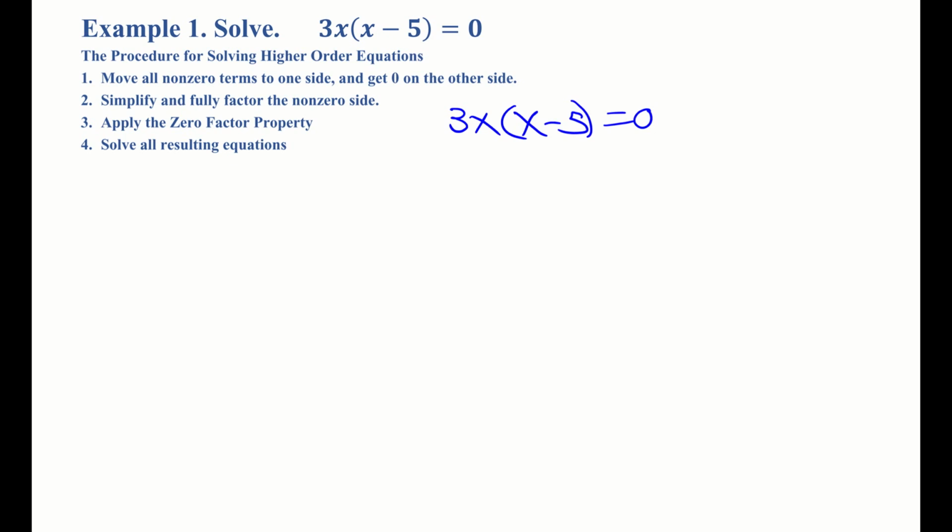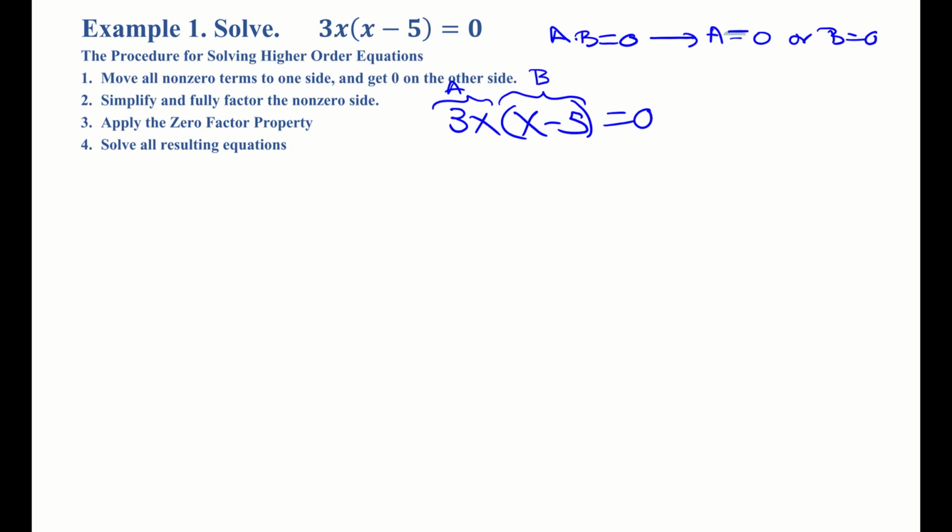So we can consider, remember, the zero factor property says a times b equals 0 implies a equals 0 or b equals 0. Okay, very simple, very powerful. Notice that here you can consider, for example, 3x to be a and x minus 5 to be b.